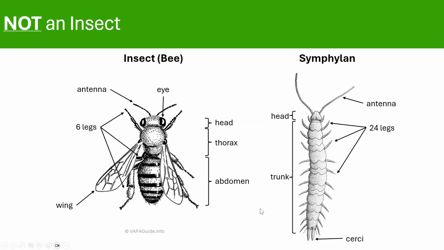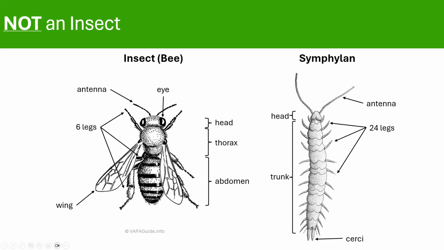But there's actually some really big differences between insects and Symphylans as well. You see, with an insect, the body is divided into 3 parts here: head, thorax, and abdomen. And you'll note that the legs of an insect all grow on the thorax. And so it's got this long abdomen part that sticks out way beyond where the legs are. Compare that to the Symphylan, you see they do have a distinct head.